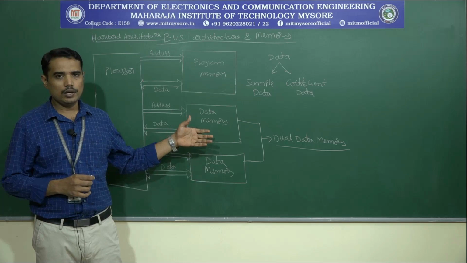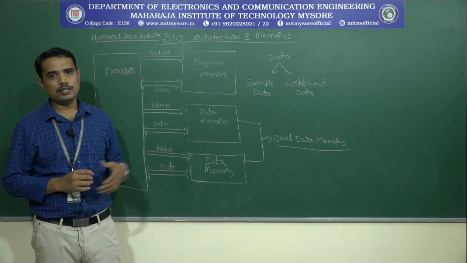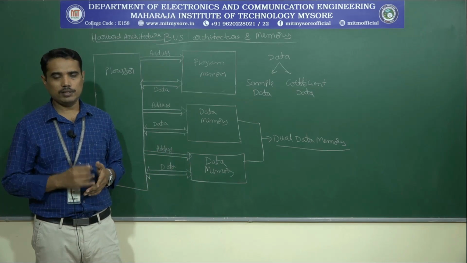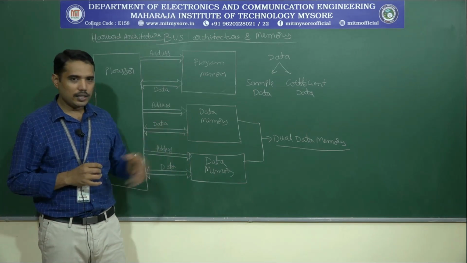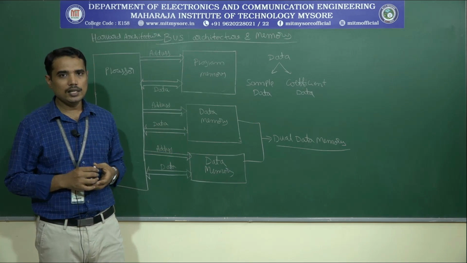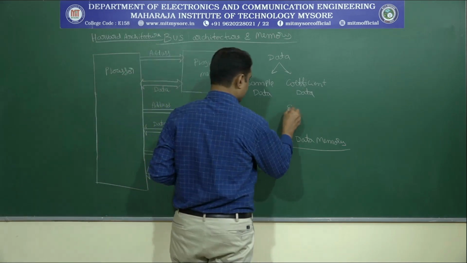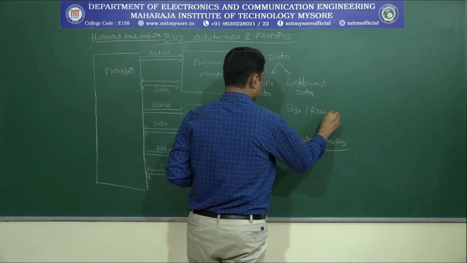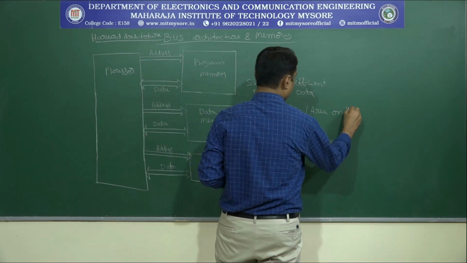This dual data memory affects, on one hand, the speed: it is increased and the accessing time is reduced. On the other hand, this affects the size or area on the processor.